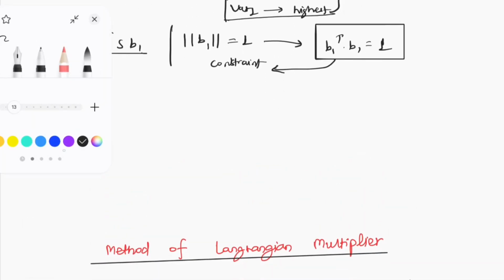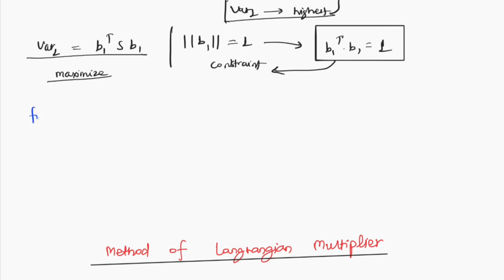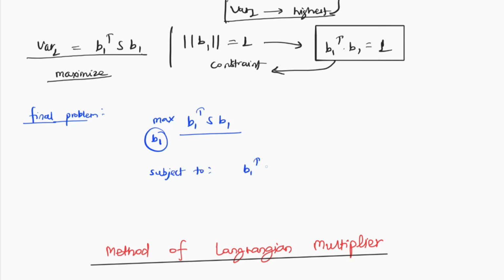So we have come up to this part, and we have this final problem where we have to maximize B1 T S B1. We have to find some value of B1 where we have this as the maximum value, subject to B1 T dot B1 is equal to 1.